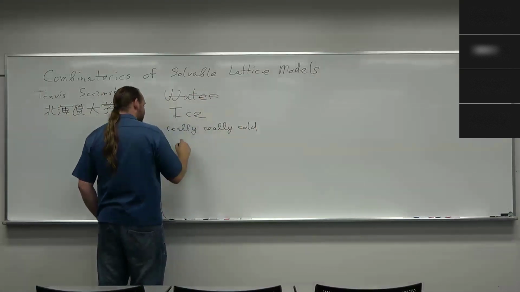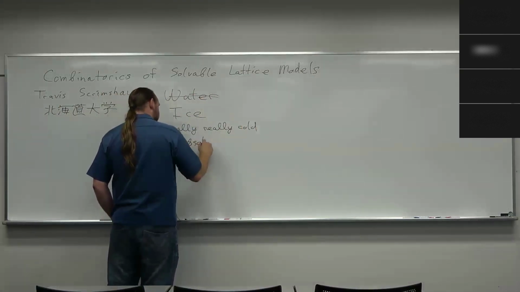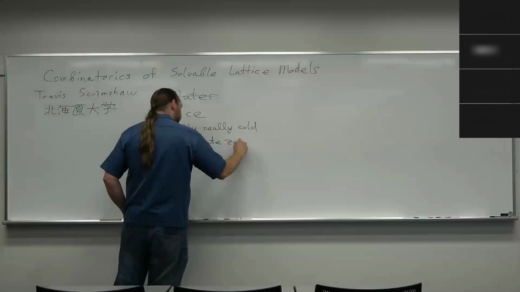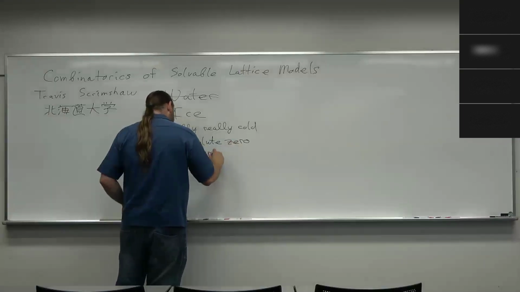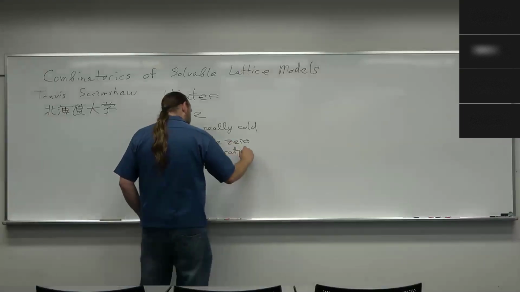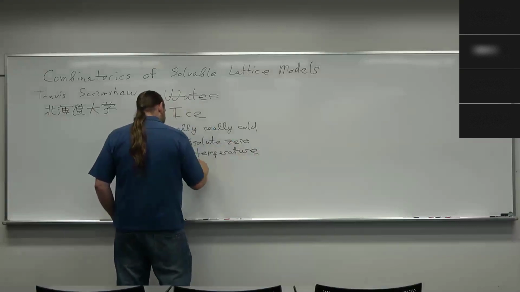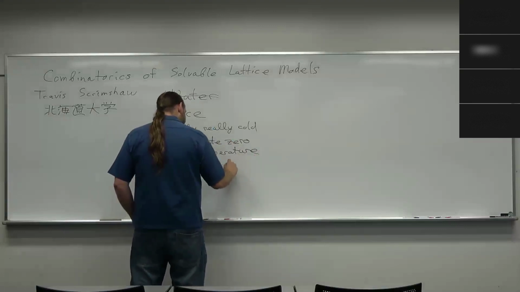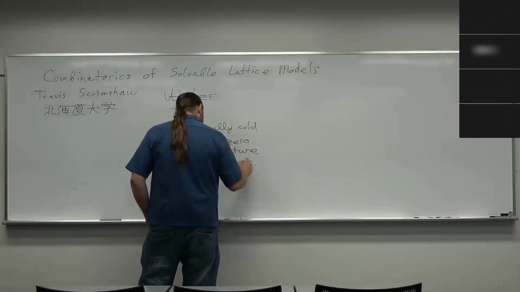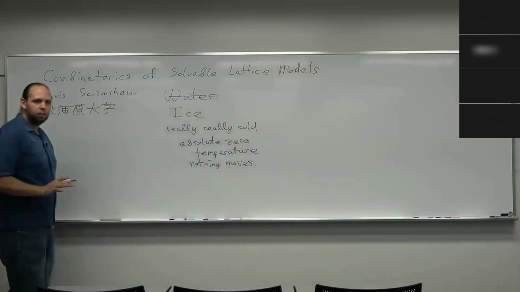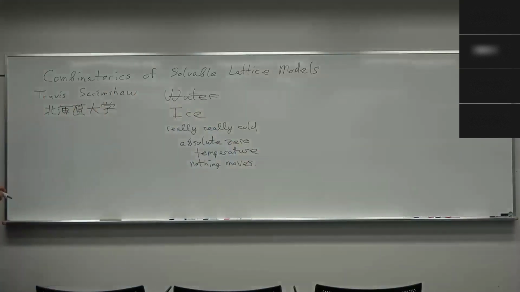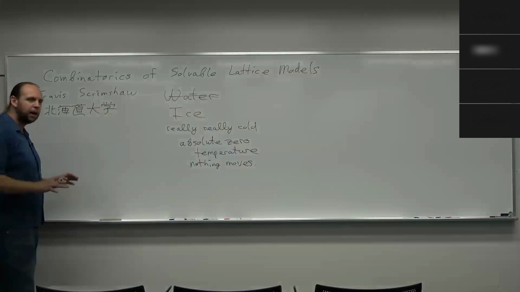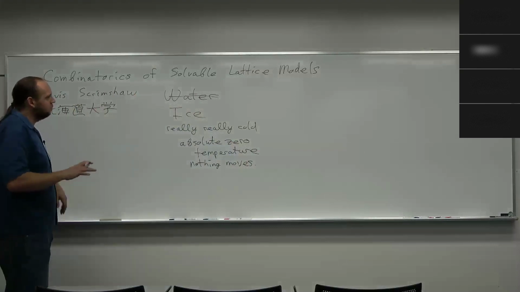In fact, we're going to go to absolute zero temperature, where nothing moves. That's going to be more or less our end point, but we're going to start with things at actual positive temperature where they can move around a little bit.